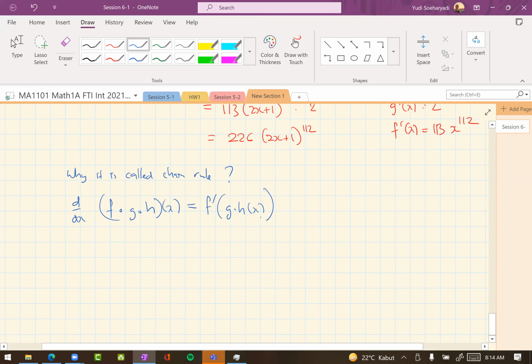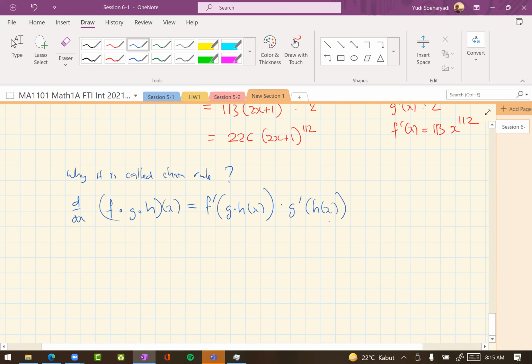Okay, and then multiply by the derivative of what's inside. Derivative of this, again, this is chain rule. Okay, but compute it at h of x.